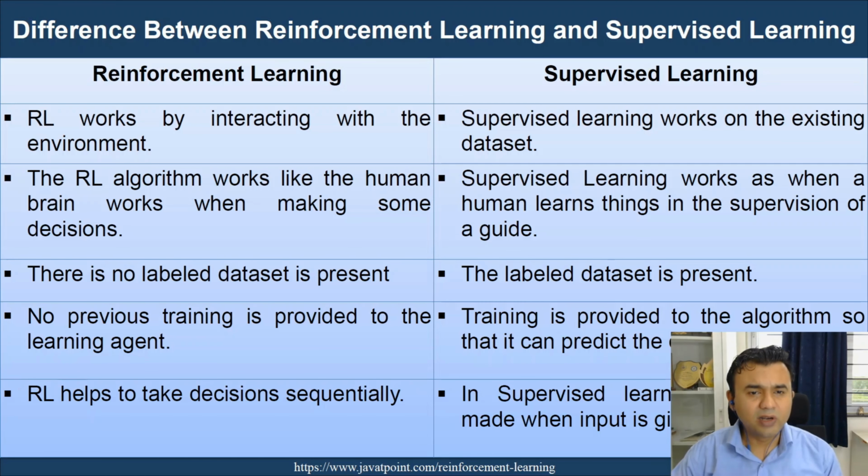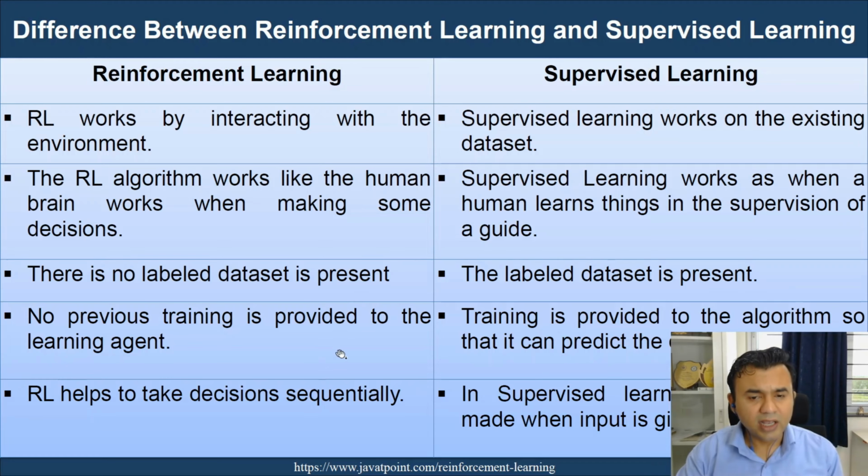Whereas reinforcement learning is explore, learn on your own through your mistakes, and change direction based on the reward or penalty. There is no labeled dataset in reinforcement learning, whereas in supervised learning, we use a labeled dataset.